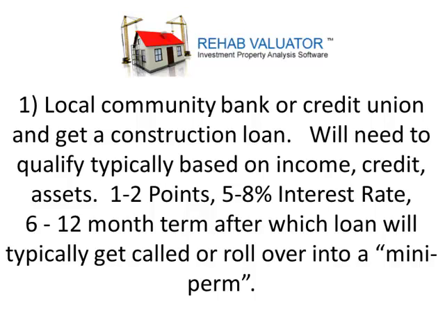You'll have a 6 to 12 month term on your construction loan, and then typically most of these community banks will either call them or roll them over into what's called a mini perm, which means your loan just rolls over into a 20-year amortized loan with a 3-year call, for example.